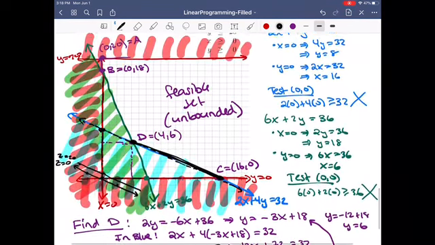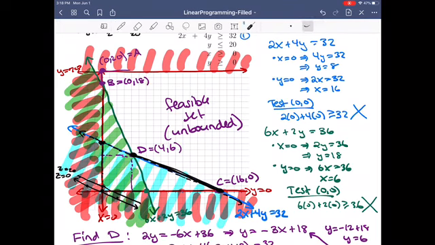Just to show you, if I keep getting bigger and bigger, I'm just going to do it not with a pen. These keep getting bigger and they're following the same slope.